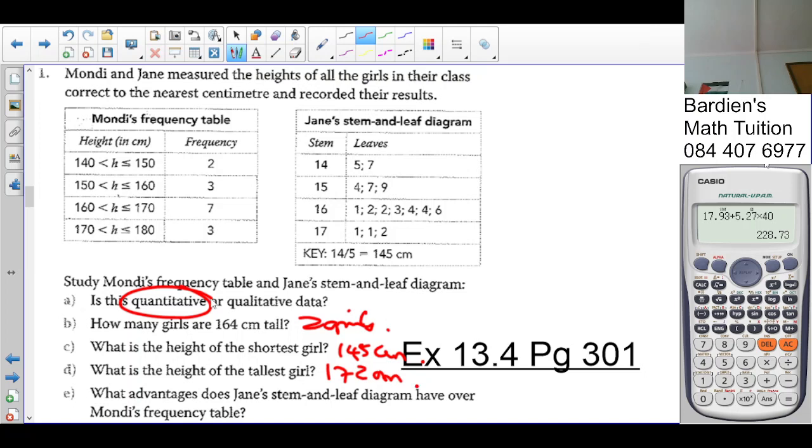What advantages does Jane's stem and leaf diagram have over Mondi's frequency table? From Jane's stem and leaf diagram, we could see the height of the shortest girl and the tallest girl. Not so with the frequency table.